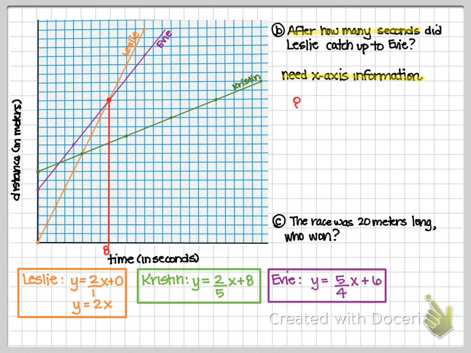So 8 seconds into the race, Leslie and Evie are tied. So they're at the same location.